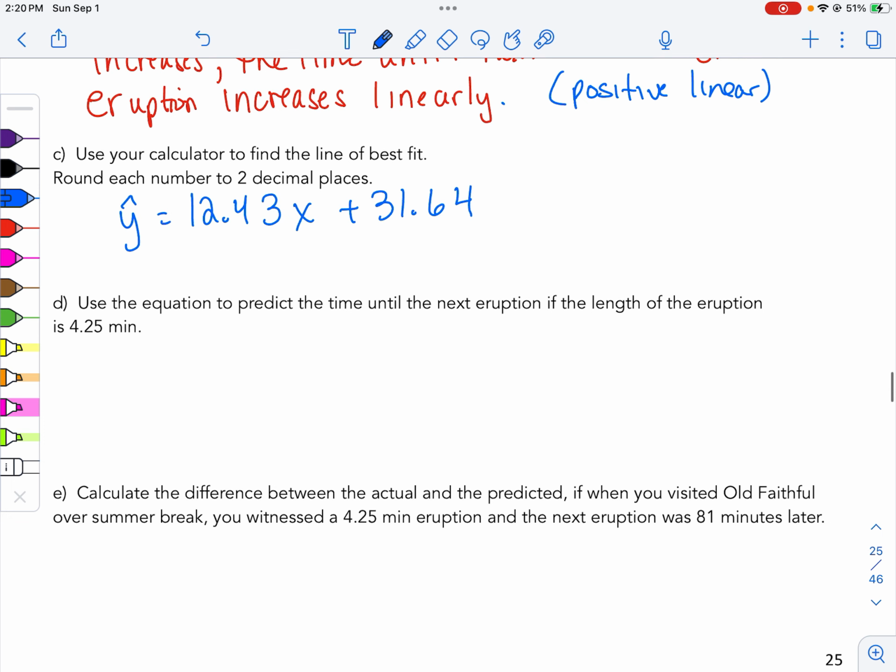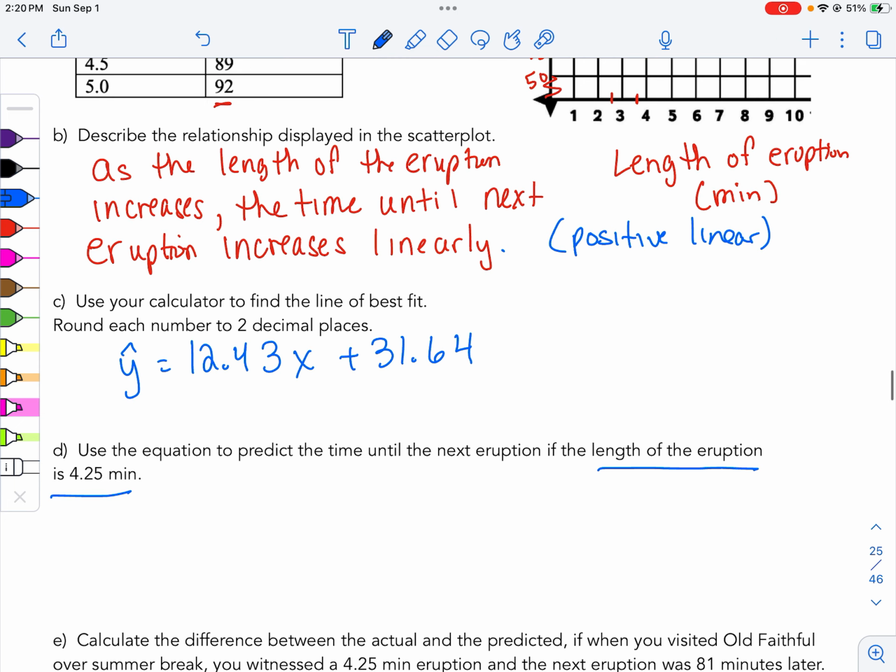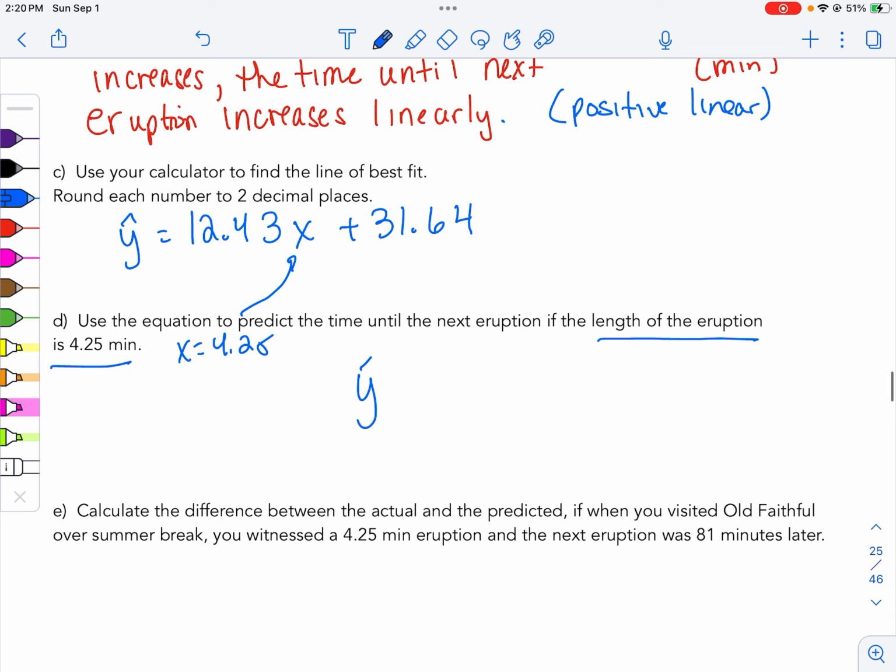All right, now it says use the equation to predict the time until the next eruption if the length of the eruption is 4.25 minutes. Well, that represents an x value. So we're going to say x is equal to 4.25, and we're going to plug that into the equation. So we've got y hat equals 12.43 times 4.25 plus 31.64.